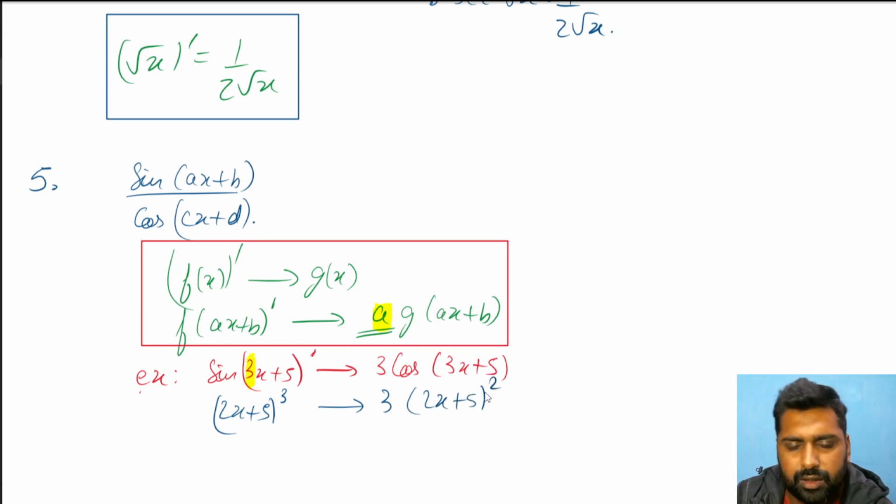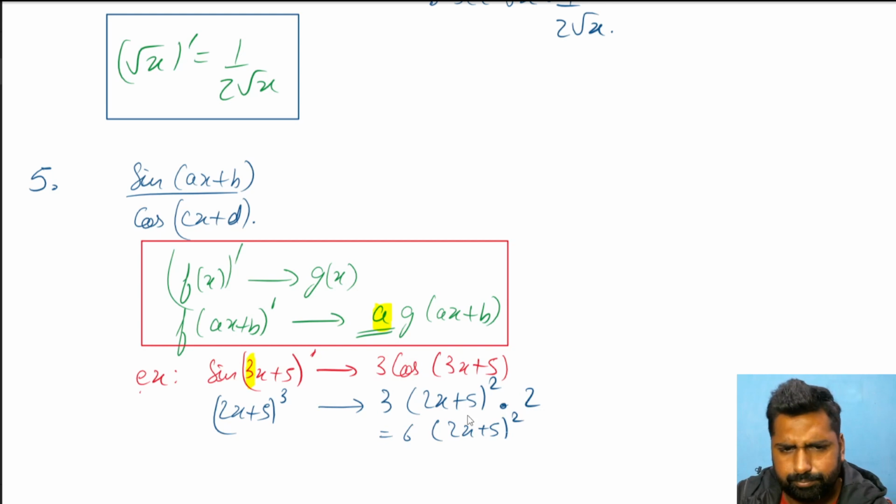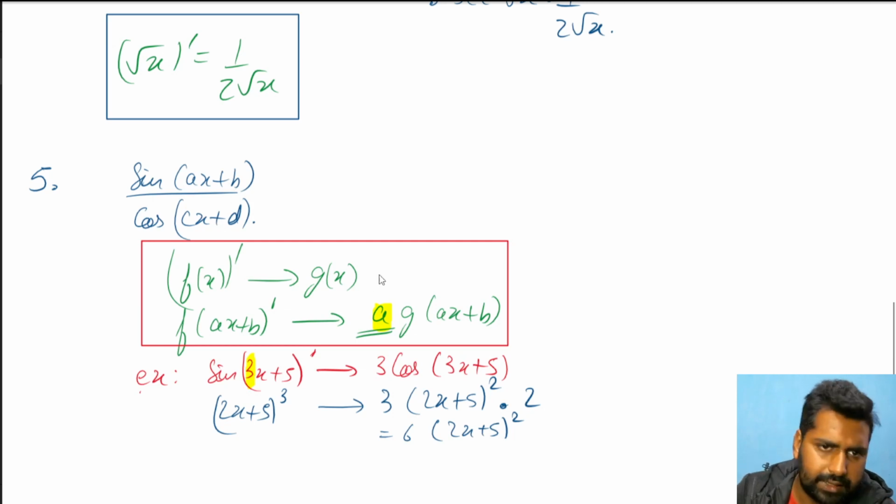Power comes down, one power becomes less, and additional factor of coefficient of x, that a is coming out. So basically 6 into 2x plus 5 whole square is the differentiation. The purpose of discussion of these is because I don't want to go through the chain rule. I can directly do this. This is just a one-step question.